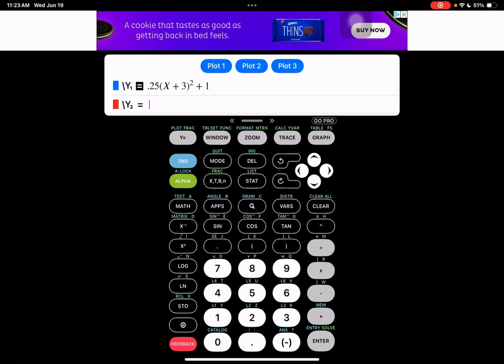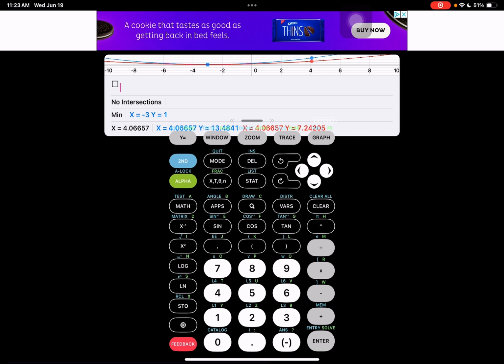You could put it in as a fraction, but that's 0.125 times (x plus 3) squared plus 1. And you graph these 2. I'm going to try to change my window, -10. I really don't like this one, but anyways, let's look.